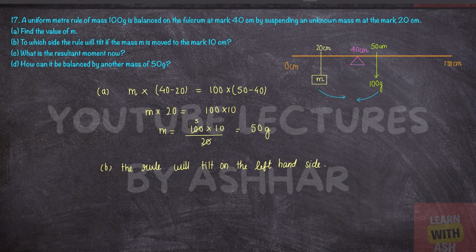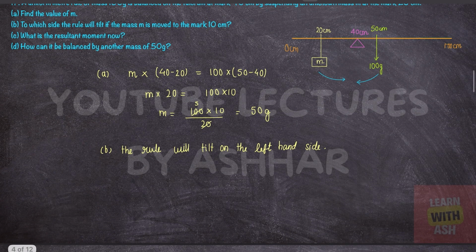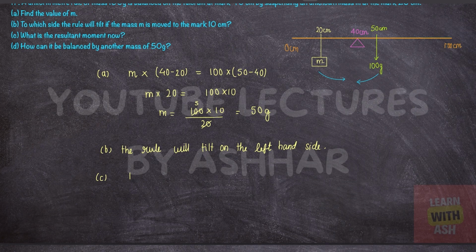After that, they are asking us what is the resultant moment now. So in that case, for the new case, I have to say that for part C, the resultant moment will be 50 multiplied with 10, which is 500 gram force centimeter.